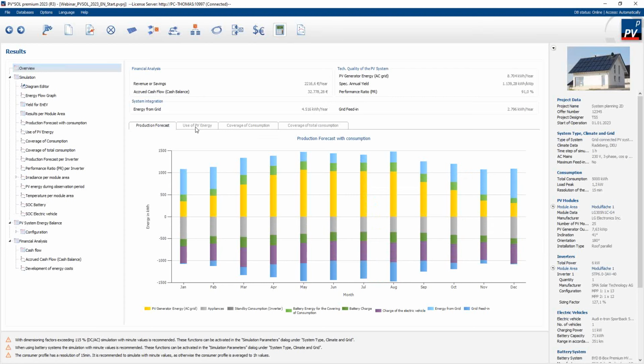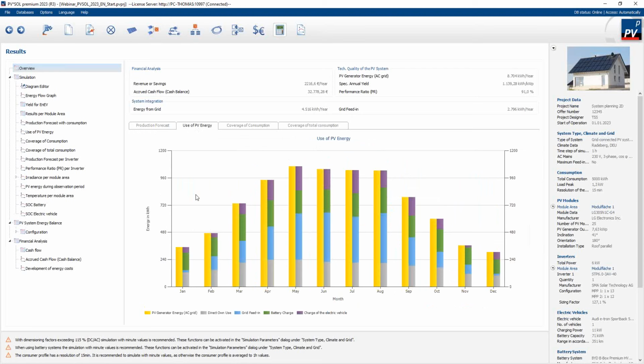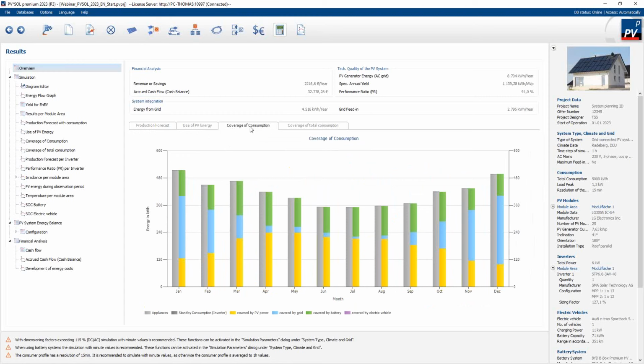And here are further graphs available: how the PV energy is used for every single month, and also how consumption is covered. We have a higher amount of PV energy during the summertime and a lower one during wintertime.